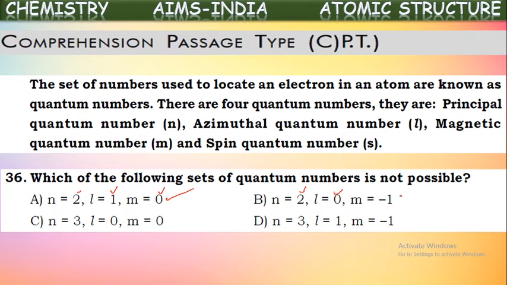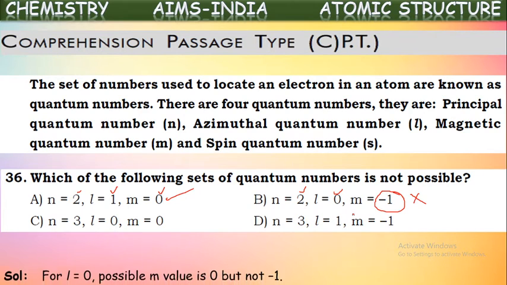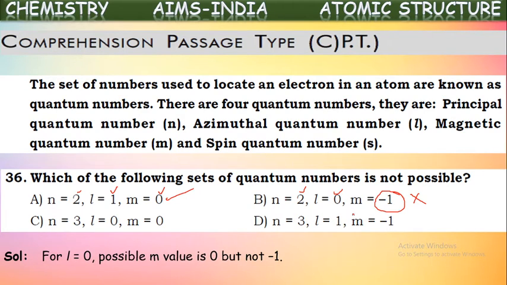But here they mentioned minus 1, which is not possible because l value is 0. So m value also will be 0 because m values will be from minus l to plus l including 0. It should be 0 but not minus 1. It is not possible. Okay, this is the correct answer. If l is equal to 0, possible m value is only 0 but not minus 1.